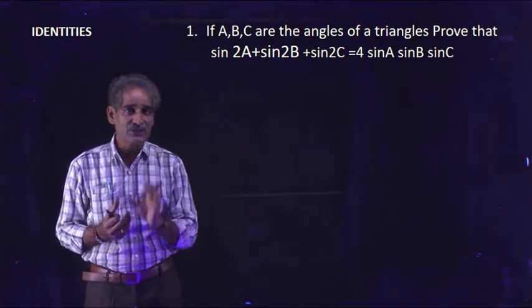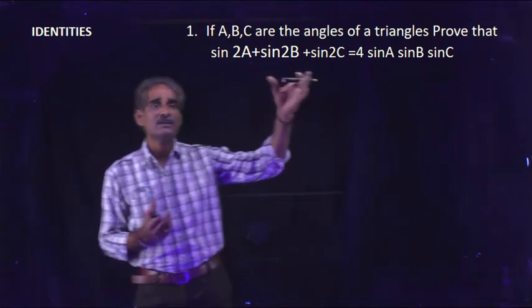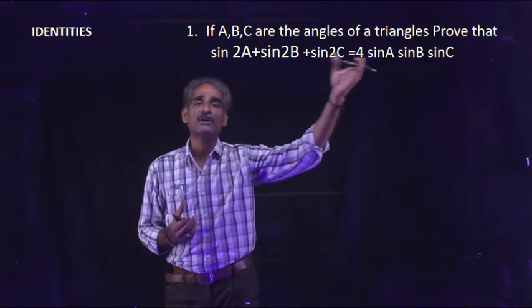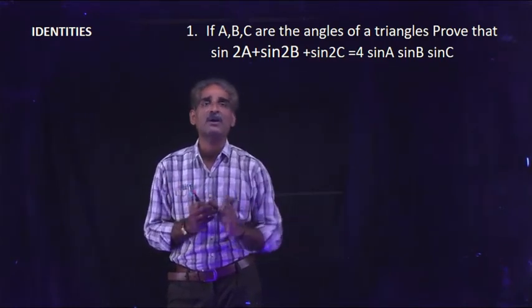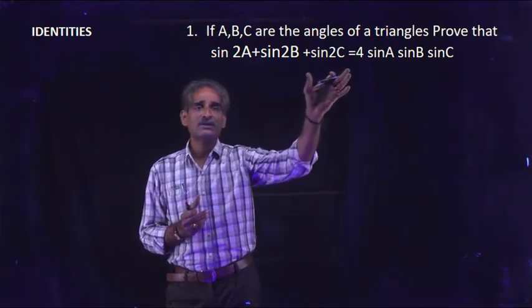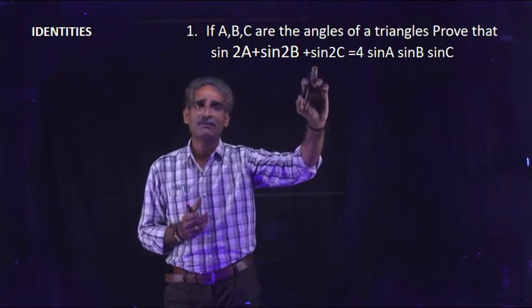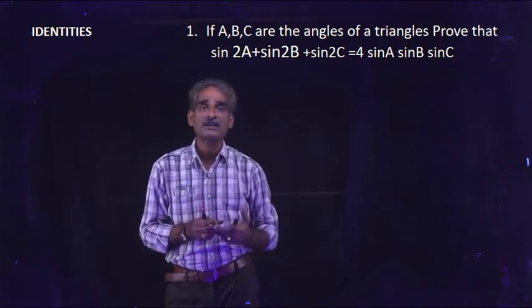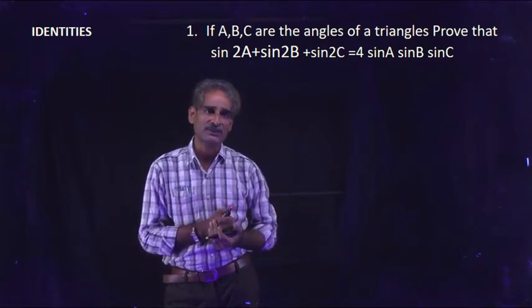With the help of that condition, you have to transform the sum of the terms to the product of the terms. These are called identities. So here the left side is the relation between the functions as a summation, but the right side is the relation between sin A, sin B, sin C as a product.